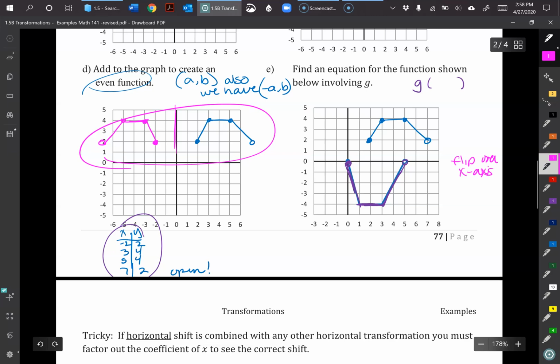That means all our y's became negative, or the opposite. So I'm going to put a negative there. I can also tell here that I have these two spaces which now suddenly become 4. So I would say that is a vertical stretch that happened.